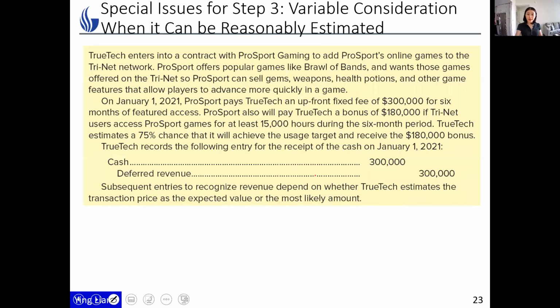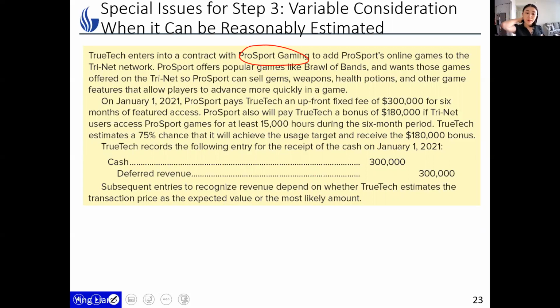Now let's get to an example. We've talked about this TrueTag, which makes gaming platform and subscription. And here we have a new company, which is a gaming company. They have these online games, ProSport, and they wanna put their games onto the TriNet network.